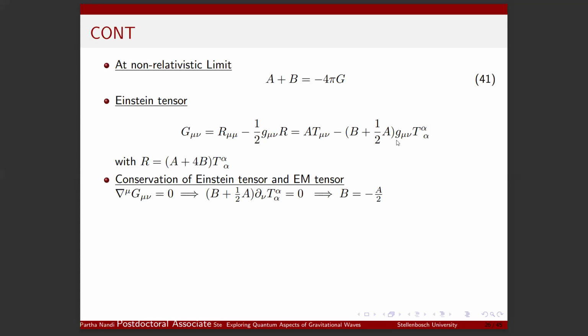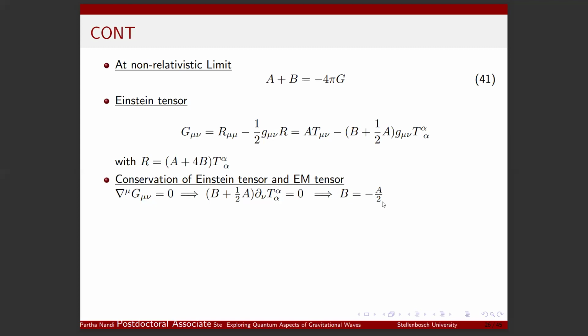this G mu nu satisfies an important property, known as the conservation of G mu nu, or the Einstein tensor. And this conservation of G mu nu is based on the conservation of the energy momentum tensor. So using this conservation principle of G mu nu and incorporating the conservation of the energy momentum tensor, one can also obtain another equation, which basically indicates that B is just minus A by 2.